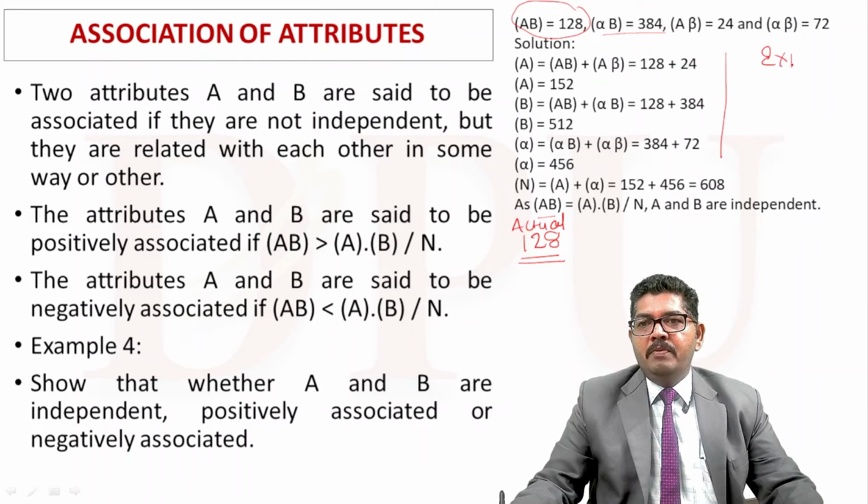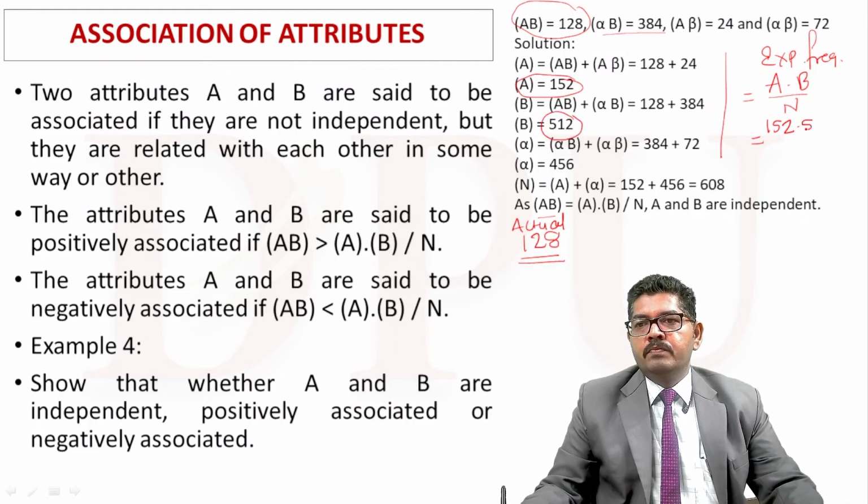The expected frequency of AB is equal to A multiplied by B divided by N. Now A is equal to 152, B is equal to 512, and N is equal to 600.